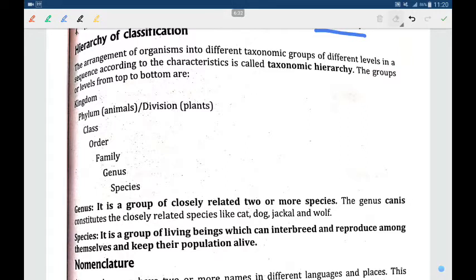In classification also, there is an order of keeping the organisms. Organisms are kept in different groups, in an order, in a sequence, according to their characteristics. That is called hierarchy.